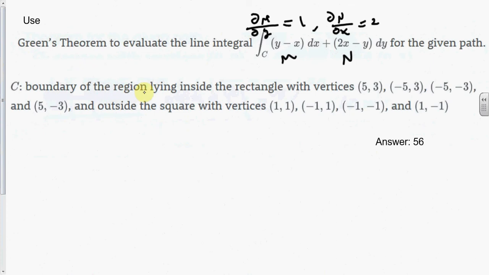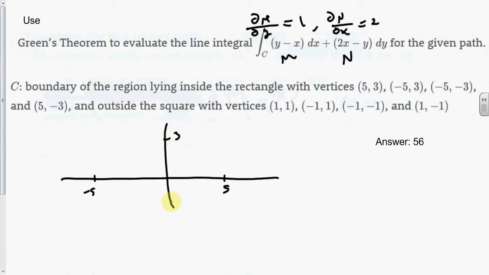And the boundary is of the region lying inside the rectangle with vertices 5, 3, -5, 3, and then down here, -5, -3, and 5, -3.